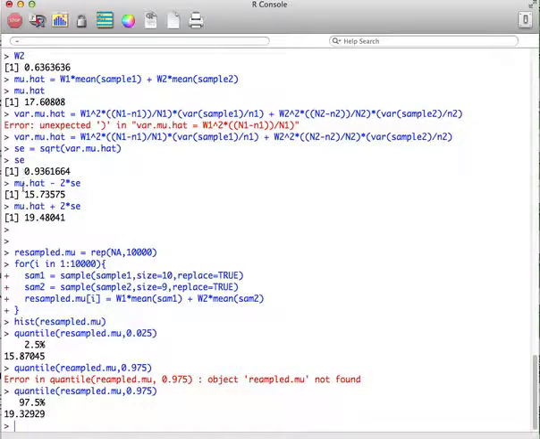So up here we used just the classic approach and got an interval from 15.7 to 19.5. Here when we did bootstrapping we got about 15.8 to 19.3. They're actually very similar confidence intervals, so I don't really think they're that much different, to tell the truth.